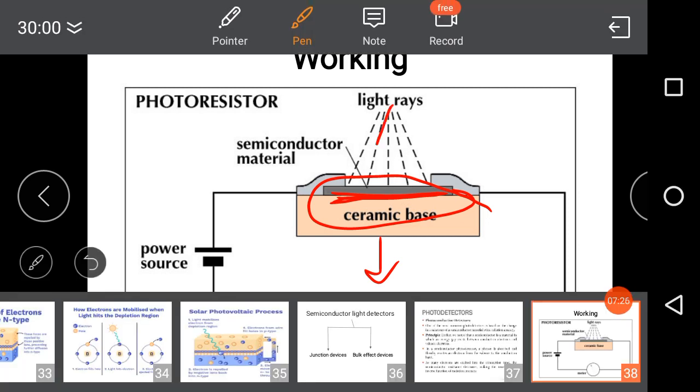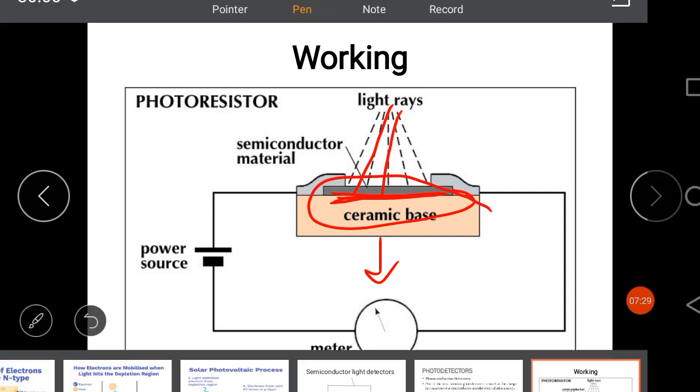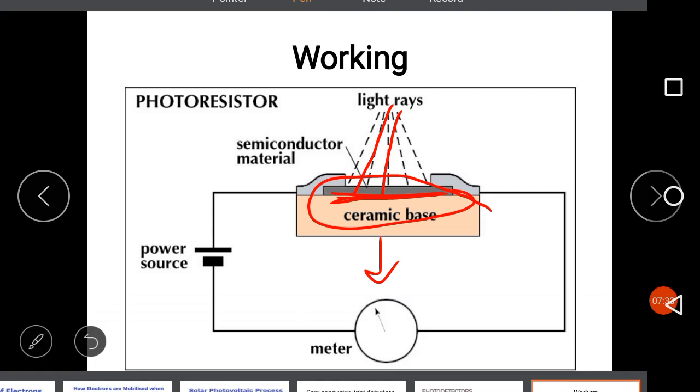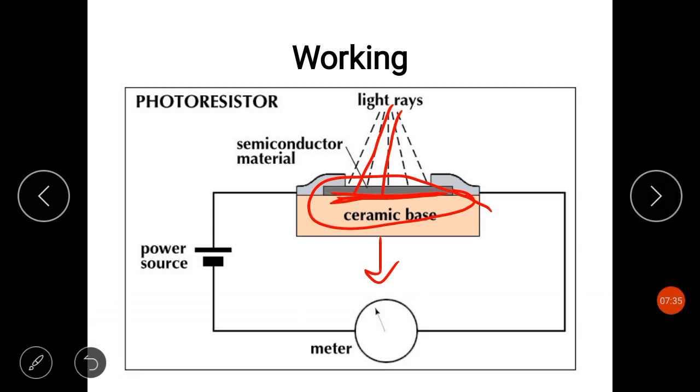Now when light rays fall on this photosensitive material, since the radiation has photons with some energy, when these photons strike the electrons in the covalent bonds, they impart their energy to the electrons and the electrons get free.